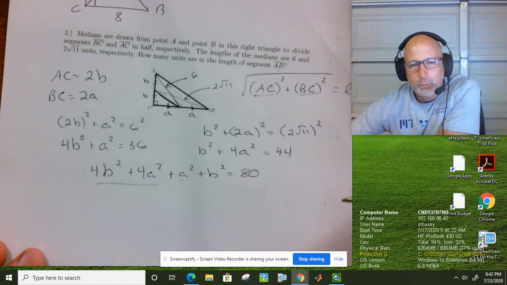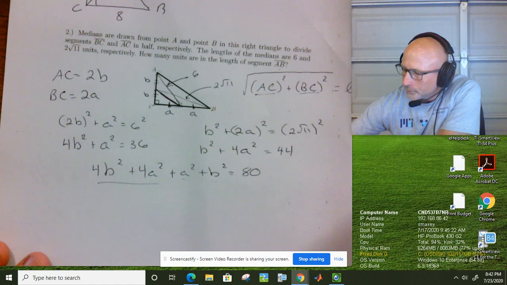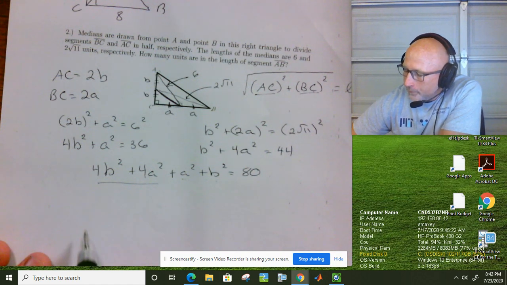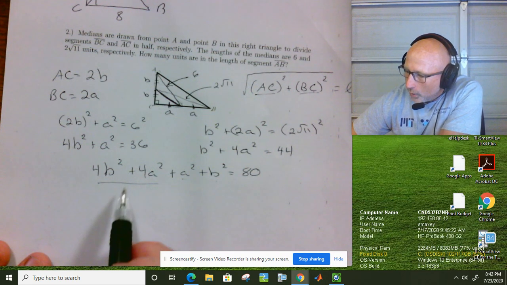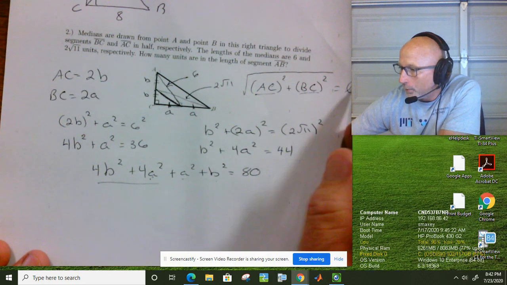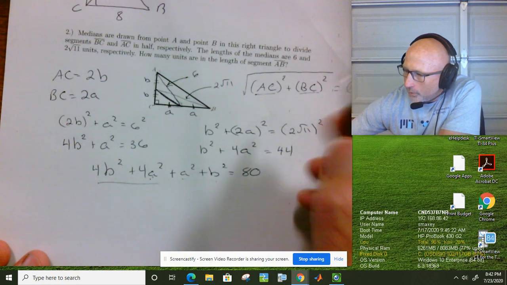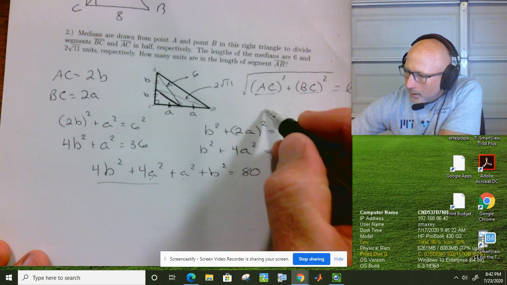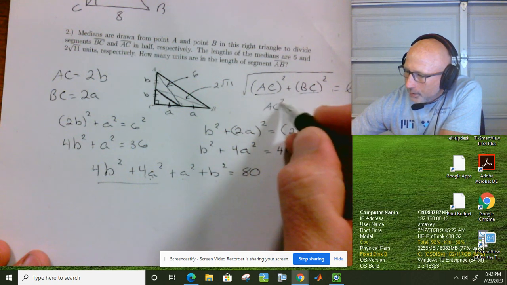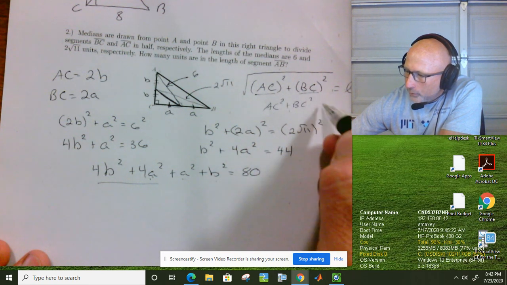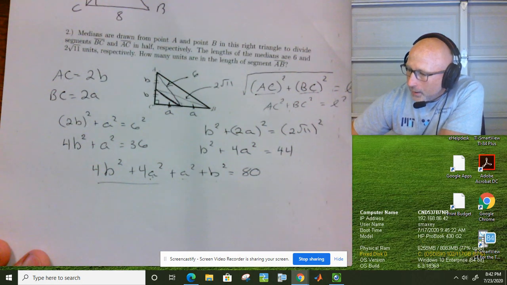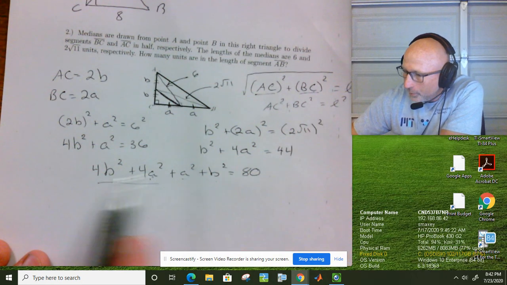So what are we going to do with this? The square root of this will be equal to L, right? So I'm going to square both sides. I have AC squared plus BC squared equal to L squared. So instead of writing this, I'm going to write it as L squared.